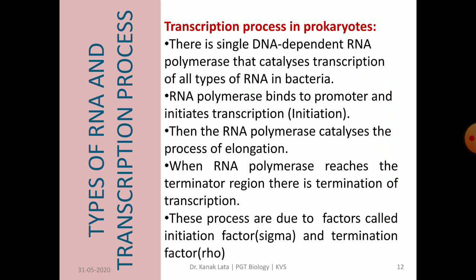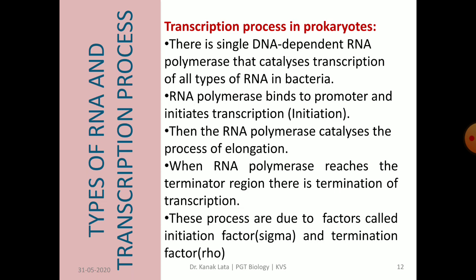RNA polymerase binds to the promoter to initiate transcription. That process is called initiation. Then the RNA polymerase catalyzes the process of elongation. Why? Because only one enzyme is present. When RNA polymerase reaches the terminator region, there is termination of transcription, meaning the transcription process stops.